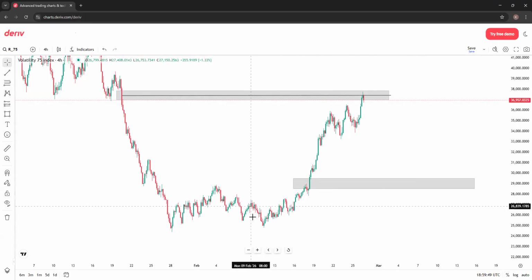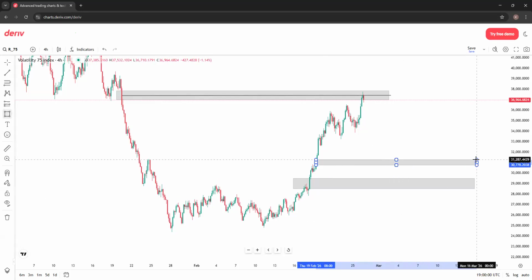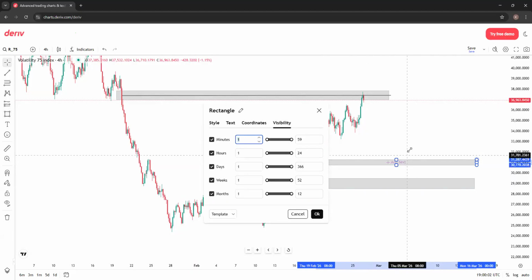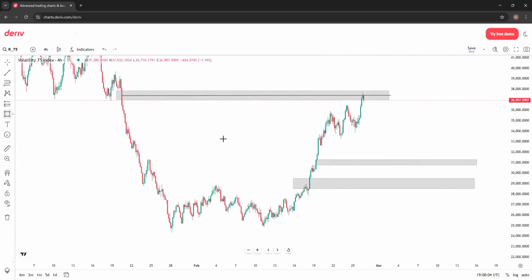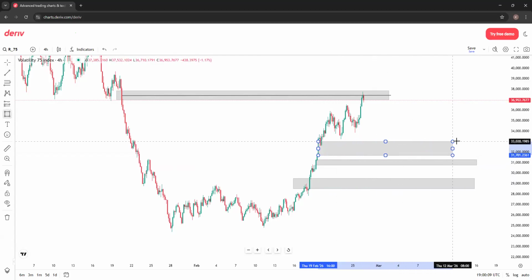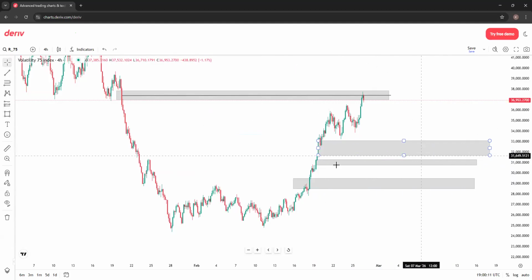Why? Because all orders were filled, all orders are healthy here. Rather, when you started seeing this gap, you can actually start seeing some more gaps, some small gaps. Right here, you can see a gap. Here, you can see a gap as well. This one was attempted to be filled and it was never filled.